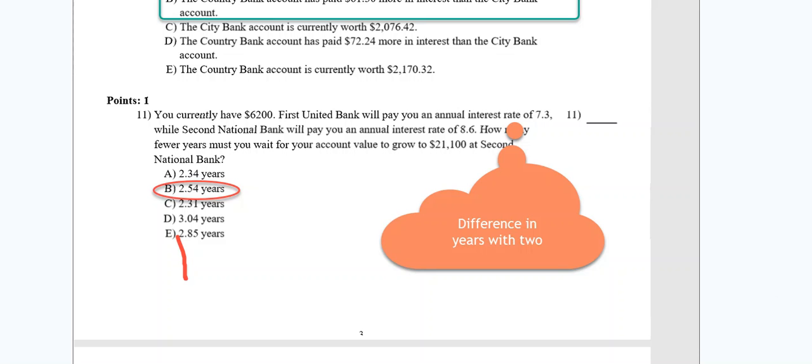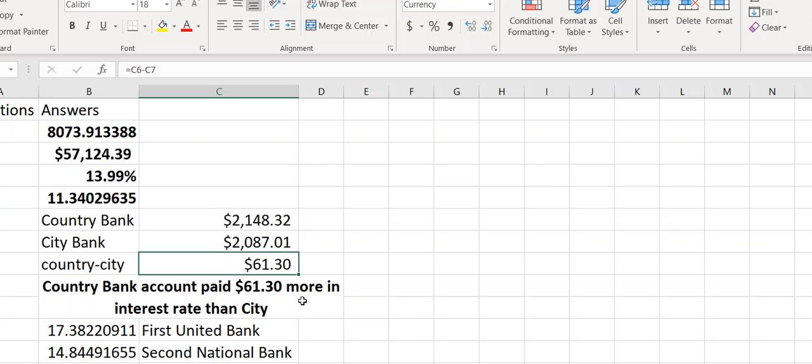The future value is 2,100 for both the banks. The difference you can notice is 7.3 and 8.6. So first find the NPER for First United Bank and NPER for Second National Bank, and then take the difference between them to exactly find the difference in number of years.